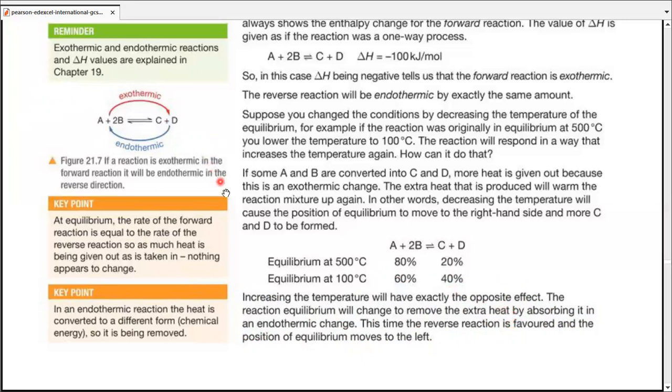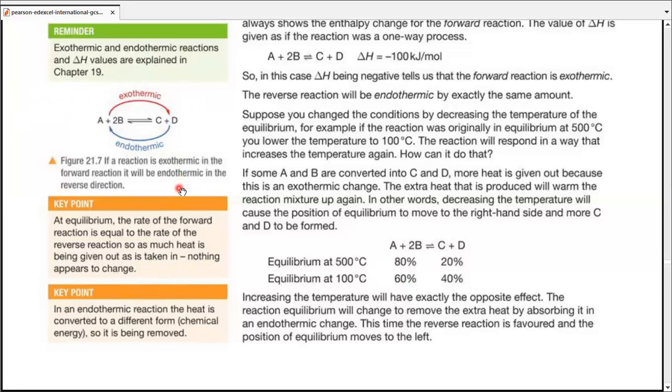So there are two key points that are important. At equilibrium, the rate of forward reaction is equal to the rate of reverse reaction. So as much heat is being given out as taken in, so nothing appears to change. For these kinds of reactions, the forward and reverse are exactly opposite, with the exact kind of temperature changes.